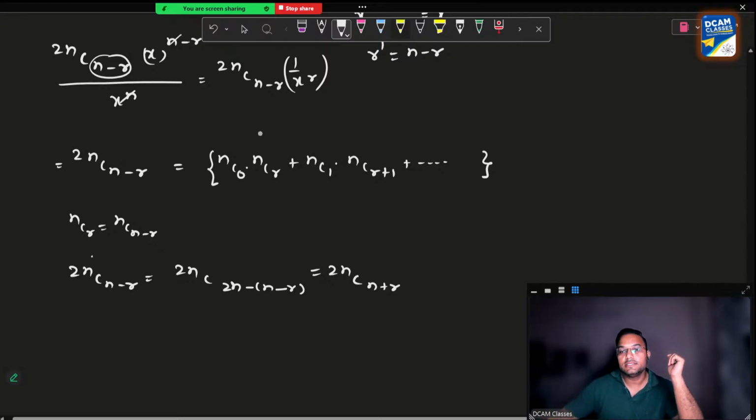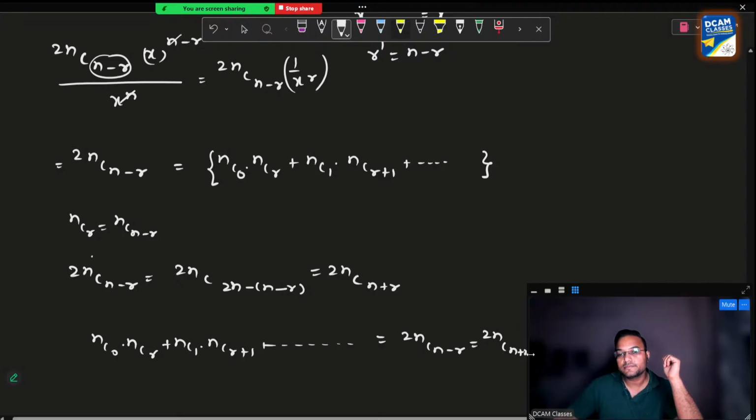So the sum nC0 into nCr plus nC1 into nCr+1 plus and so on, this series is equal to either 2nCn-r or 2nCn+r.